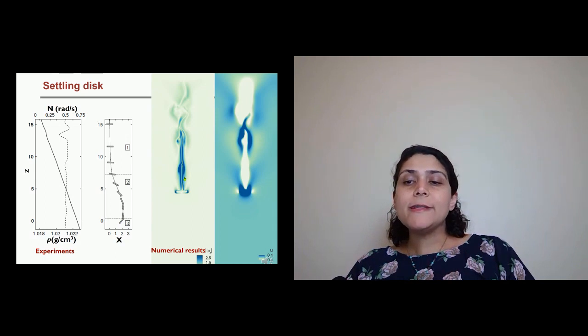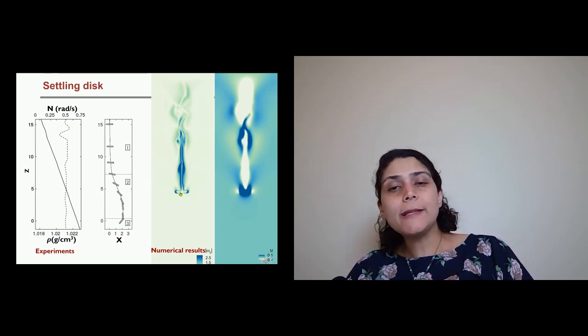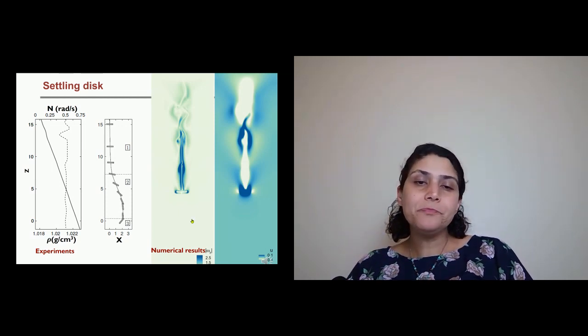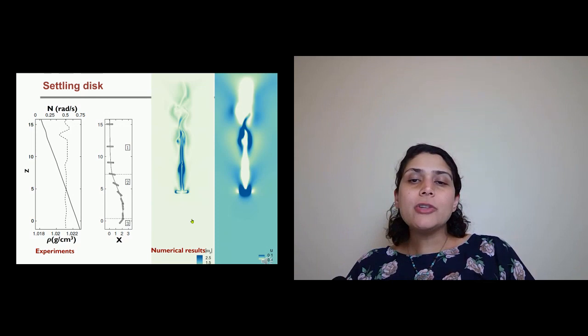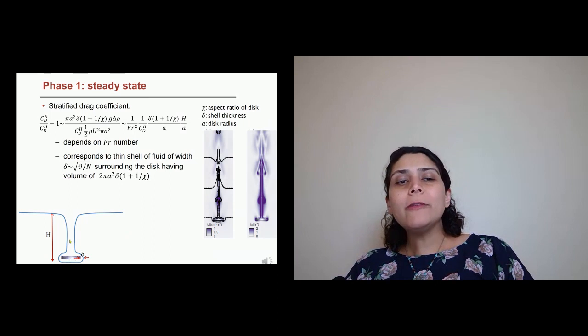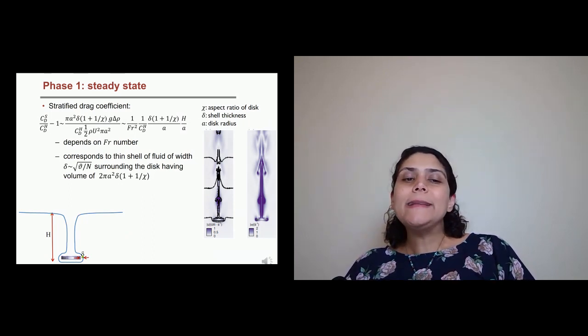Here we are showing vorticity and here the velocity field, where we do see these internal lee waves forming. And we also see initially the particle keeps the broadside and settling, and eventually settles in its edgewise direction. If you look at the initial stage of the settling, which is a quasi-steady behavior, the reason we have this enhanced drag is that the particle will trap a region of light fluid around it from the upper layer, and the buoyancy force acting on it leads to enhanced drag.